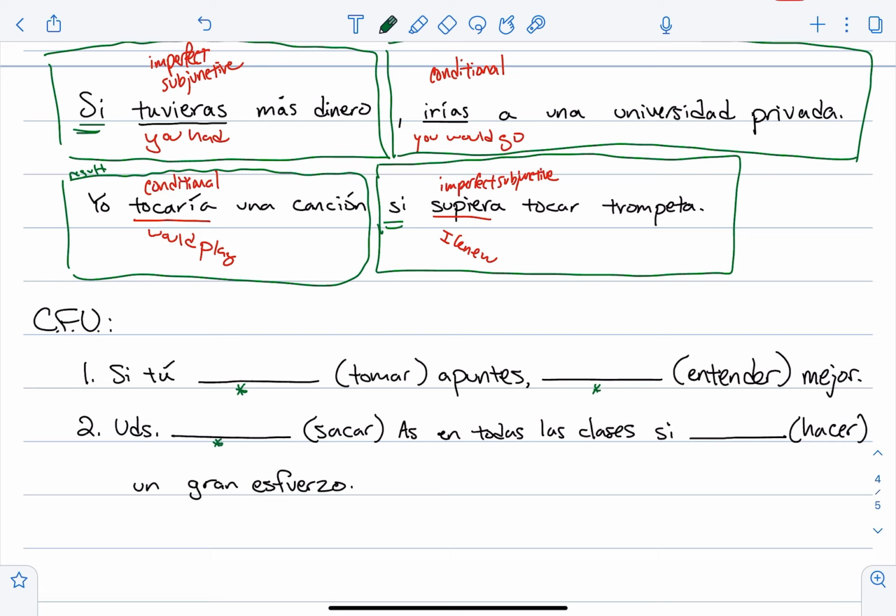Therefore, I should have the conditional of sacar in the first blank, and I should have the imperfect subjunctive of the verb hacer in the second blank, because that's the if. And beware, hacer in the imperfect subjunctive is a little bit irregular, because if you think about what the preterite ellos is, that's also irregular. So watch out for that.